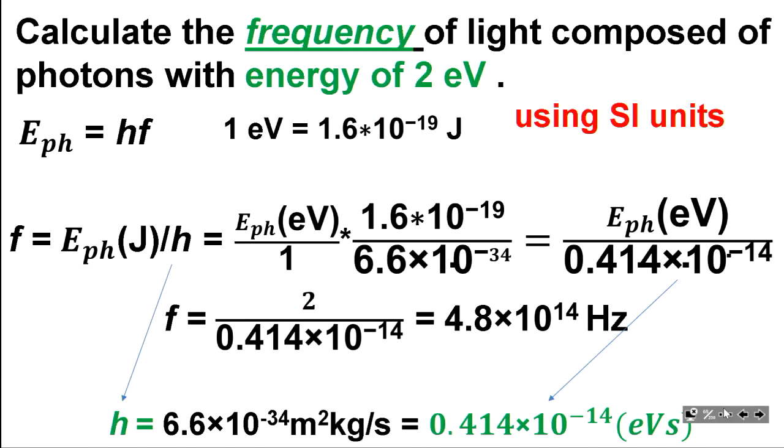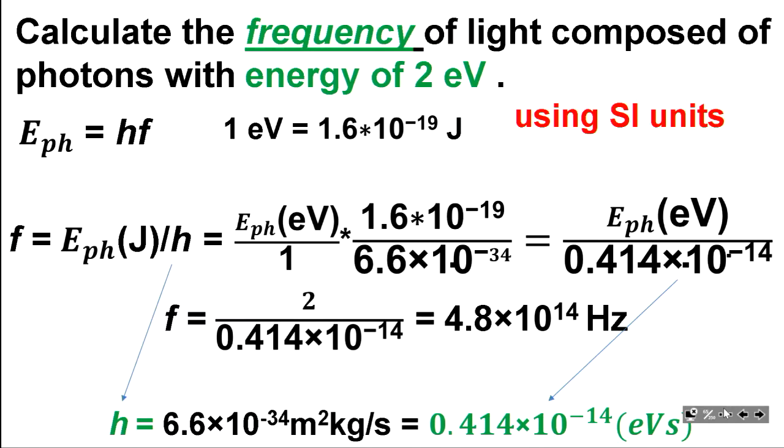Well, now, a backward problem. If we know energy and we need to calculate frequency or wavelength, what do we do? Well, we can, again, use the international system of units. This is an example. This example actually gives us a coefficient, the Planck constant, not in joules, but in electron volts.